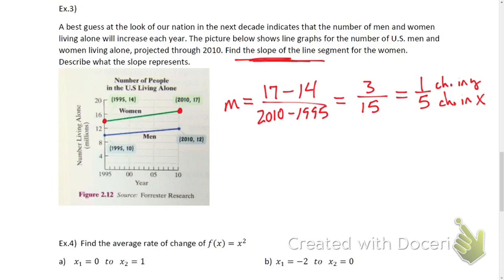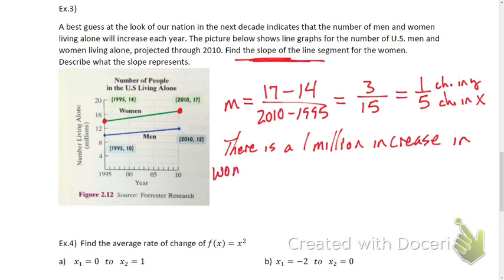So I'm going to say there is a 1 million increase in women in the U.S. living alone. I phrased that kind of funny, but I think you get the right idea.